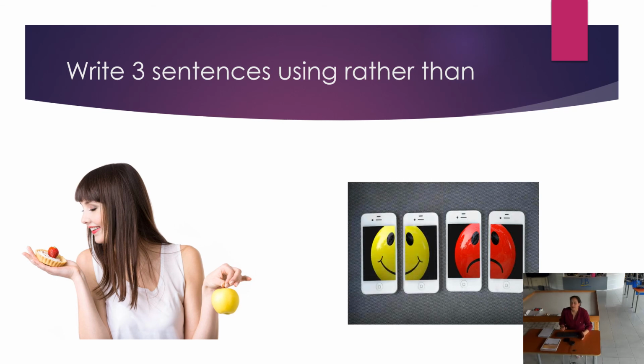Or I can use this other idea, like, it's better to be happy all the time rather than sad and lonely. Right? So, remember, 3 sentences with your own ideas using rather than.